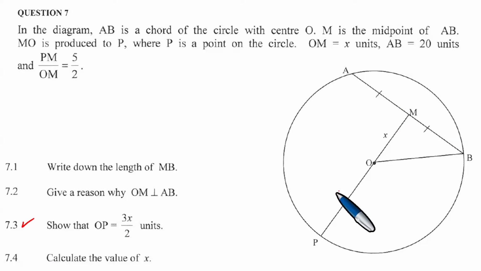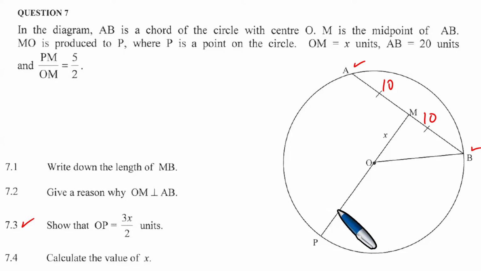Right, there are a couple of things that obviously we need to take into account. But we already know that this one is 10, this is 10, because the whole of AB is 20, 10 plus 10 is 20. And we already have that MP over OM. So the question is, what is that one?